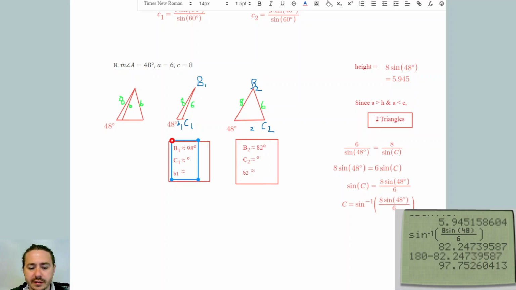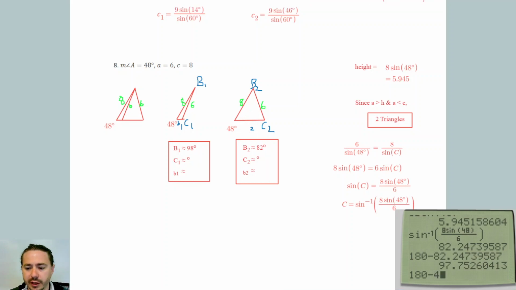Now to find the missing C angle, we're going to subtract both of the other two angles that we have inside each individual triangle from 180, because we know that these angles have to add up to 180. So we've got 180 minus the 48, the original one we had, minus that 82.